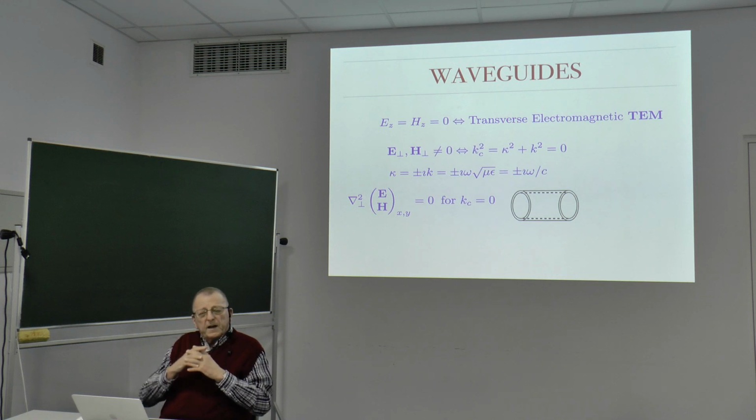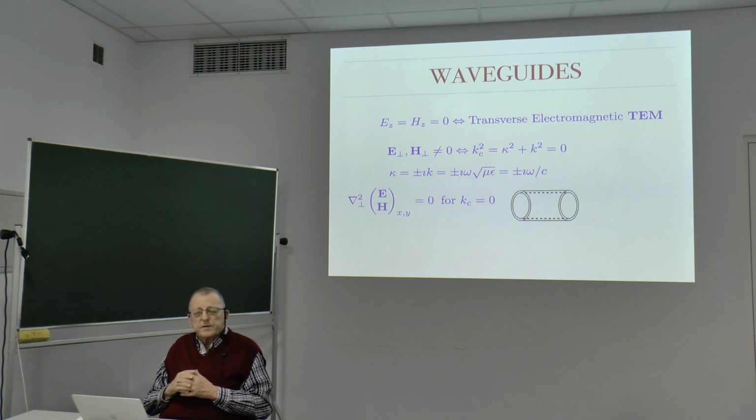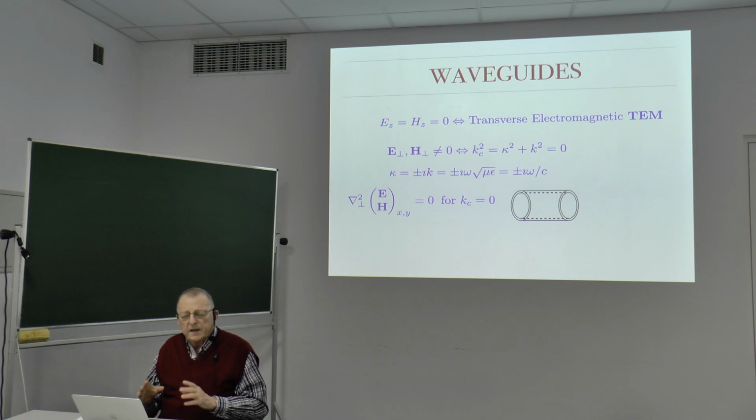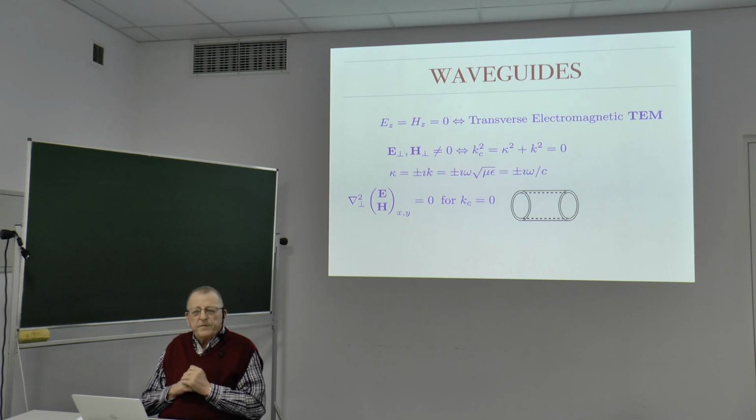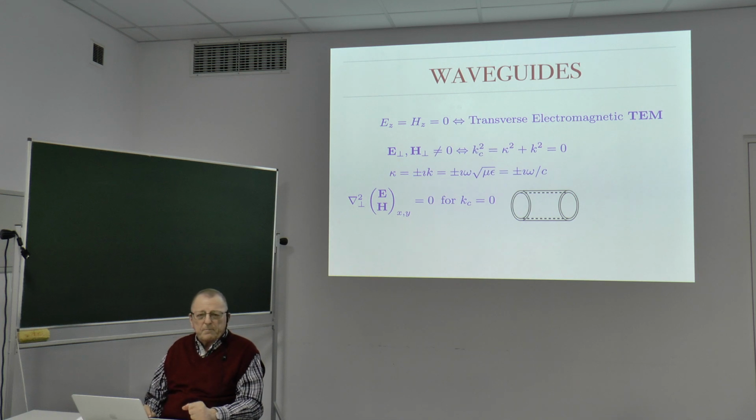And we have a waveguide with a proper boundary condition, and we have a Laplace equation to solve. So it looks very simple. We have turned the problem of a waveguide, at least for the TEM wave, into the solution of the Laplace equation with a proper boundary condition.